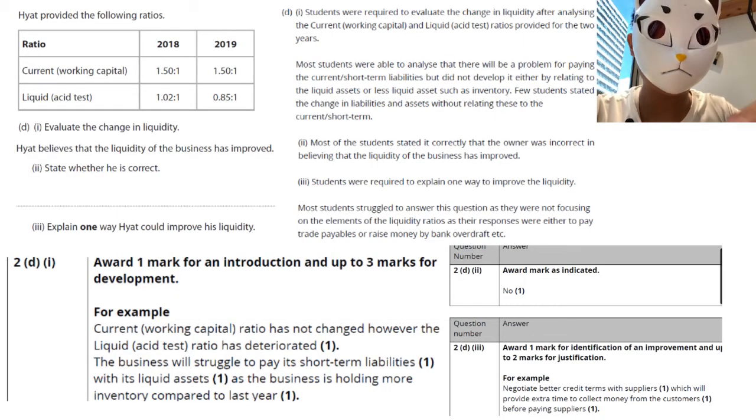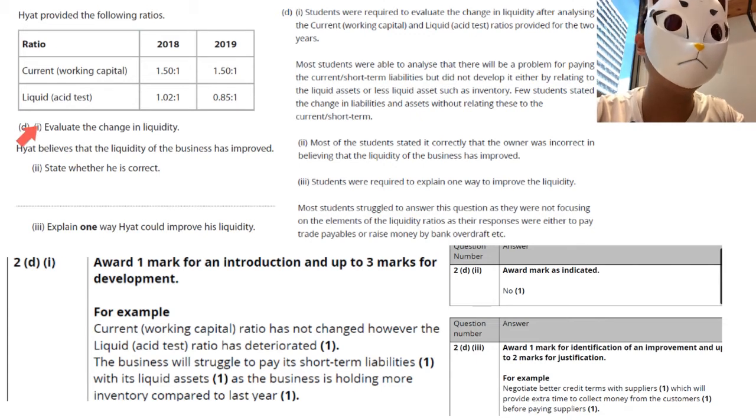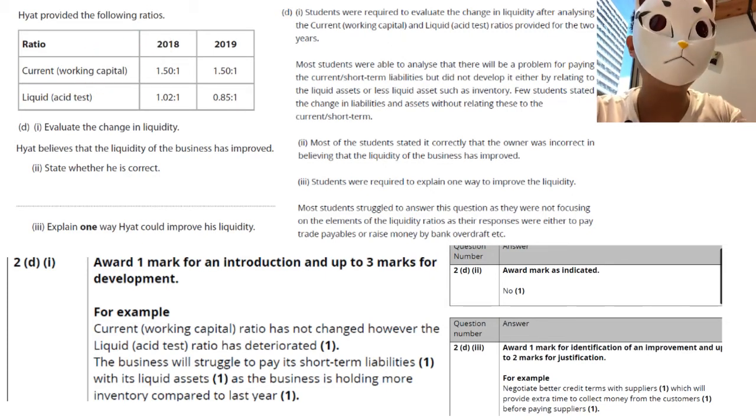This would be the last question, the last part of the question. We'll start. There are 3 parts in part D. It provides new information, which is the ratios. You can see this is the current ratio and the liquid ratio.